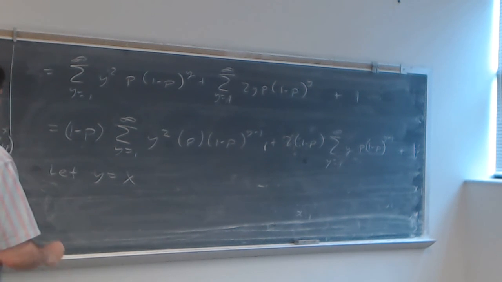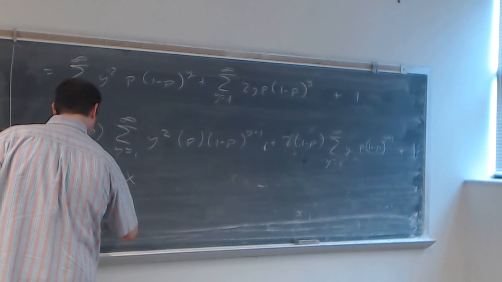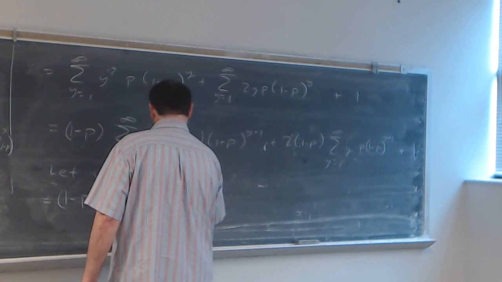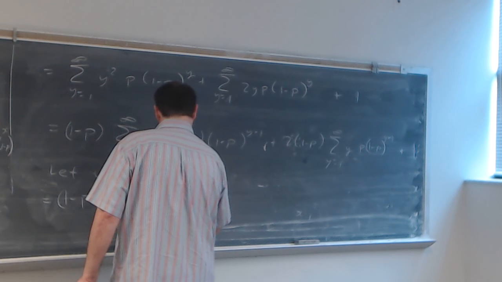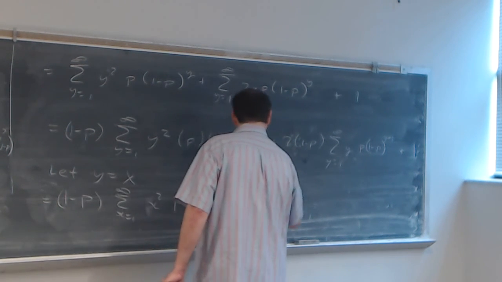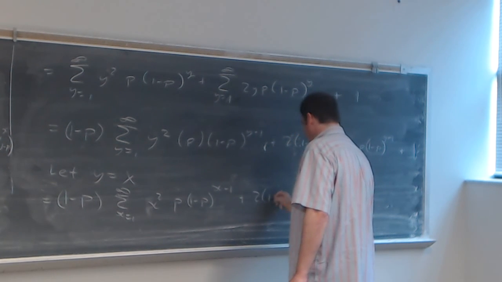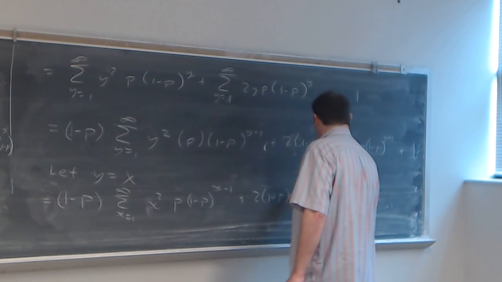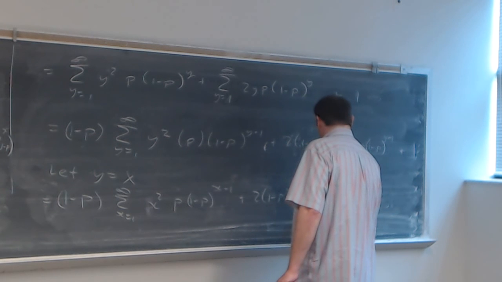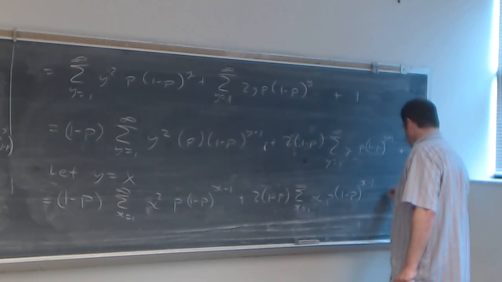So this is equal to 1 minus p times the sum as x runs from 1 to infinity of x squared p times (1 minus p) to the x minus 1, plus 2 times (1 minus p) times the sum as x runs from 1 to infinity of x times p times (1 minus p) to the x minus 1, plus 1.